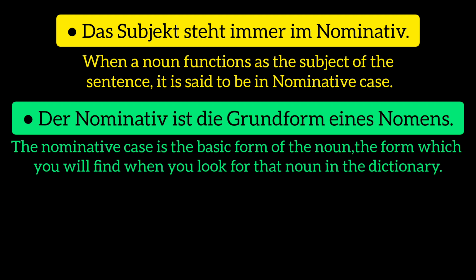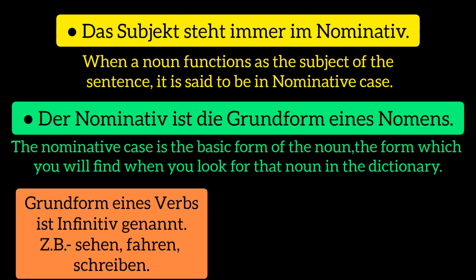Zweitens, der Nominativ ist die Grundform eines Nomens. Now, what does this mean? This means that the nominative case is the basic form of the noun, the form which you will find when you look for it in the dictionary. So, it's just like verbs which have their basic form, which is called Grundform or infinitive.